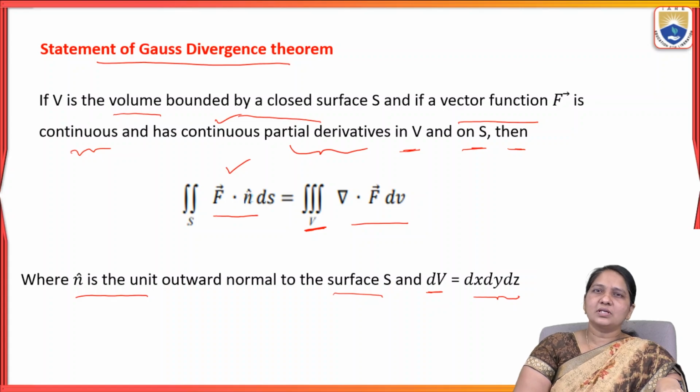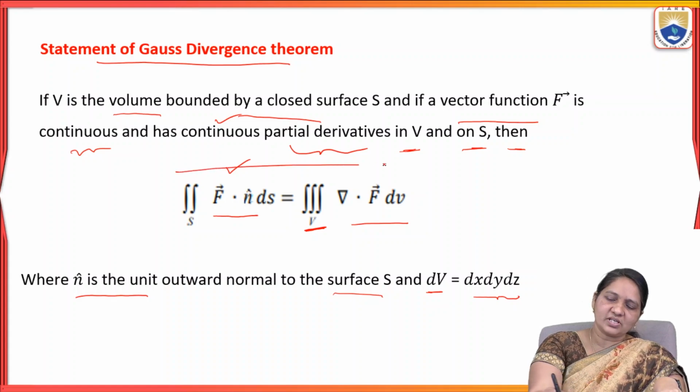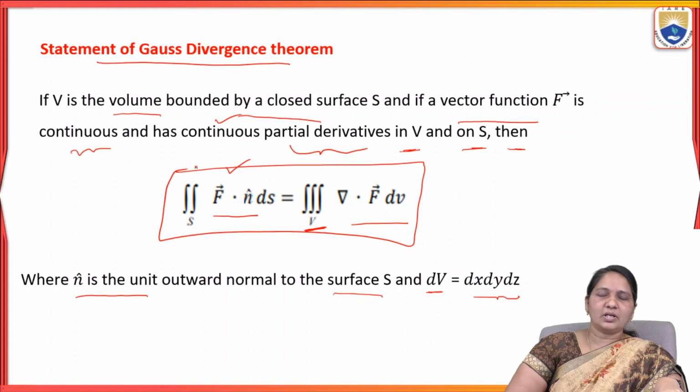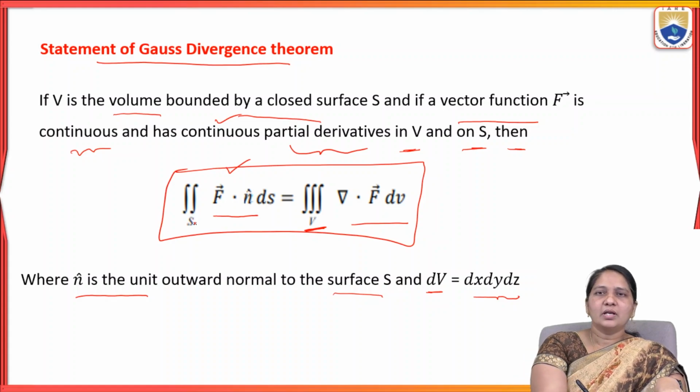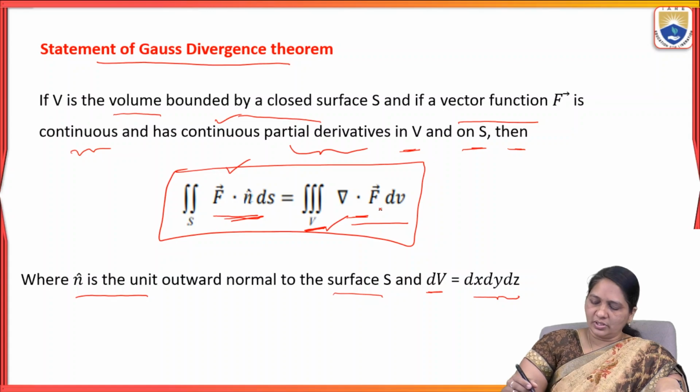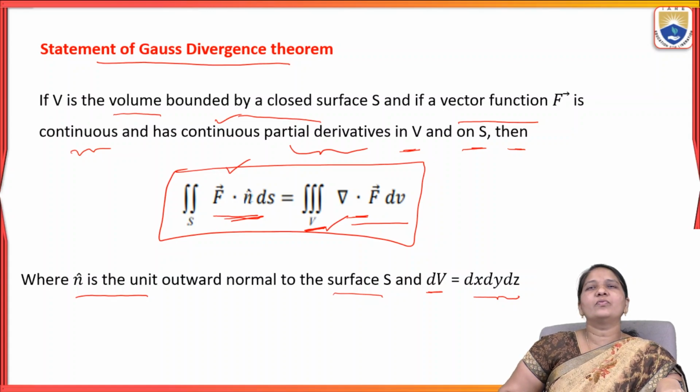So first you should remember the statement of the Gauss Divergence Theorem: double integral over S of f bar dot n dS is equal to triple integral over V of del dot f dV. Now we are going to see what types of problems will be there by using the Gauss Divergence Theorem.